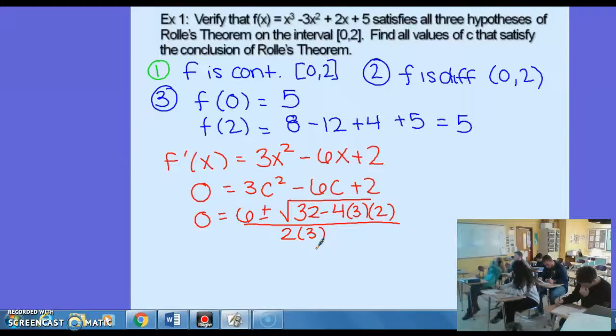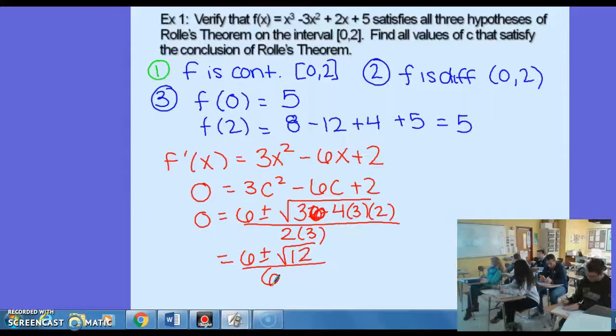But all you need to do, we don't need the number to be great, is show that the number is between 0 and 2. So you do 6 plus the square root of 12 all over 6.